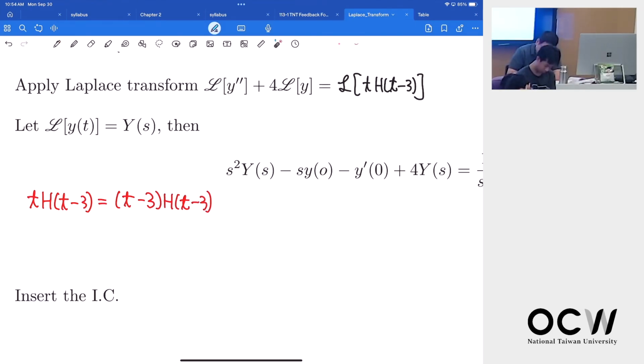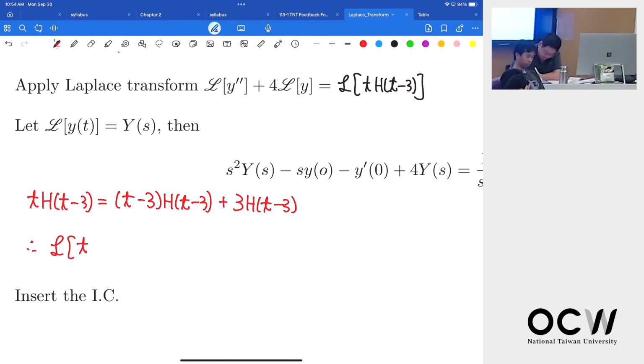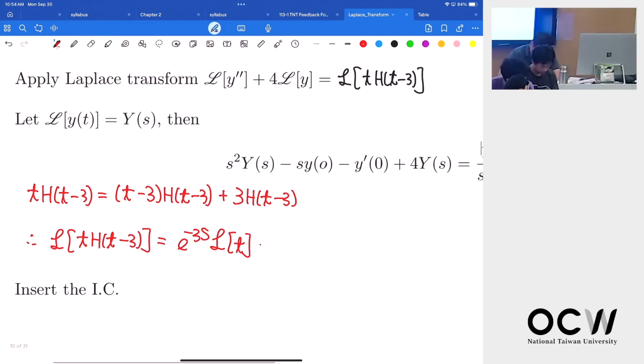So I subtract the 3 from the term multiplying the Heaviside function, so I need to add it back. Therefore, the Laplace transform of t times the shifted Heaviside function is e to the minus 3s times the Laplace transform of t, and also the second term, 3 times e to the minus 3s times the Laplace transform of 1.